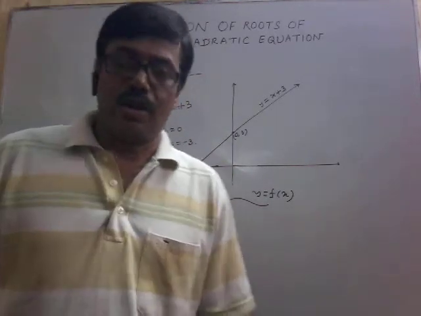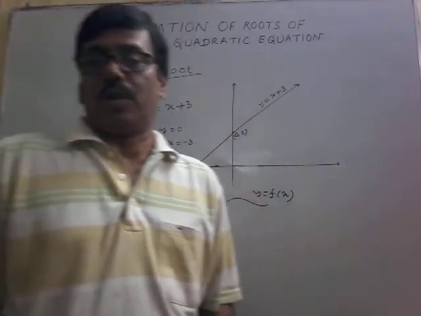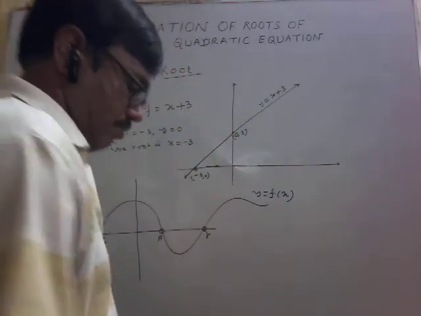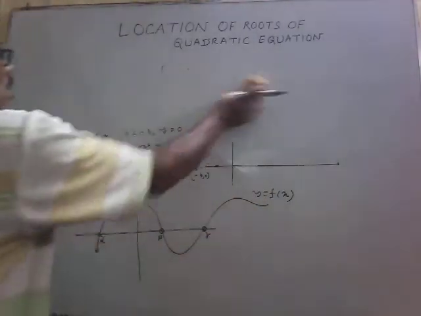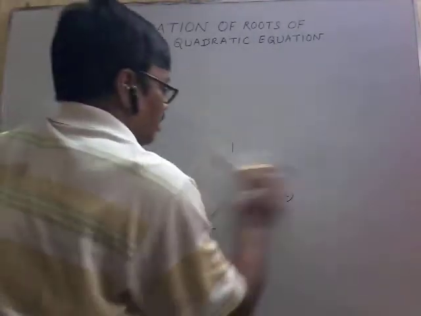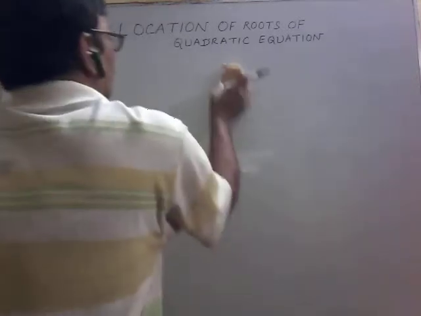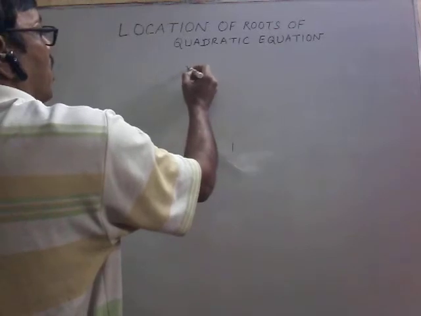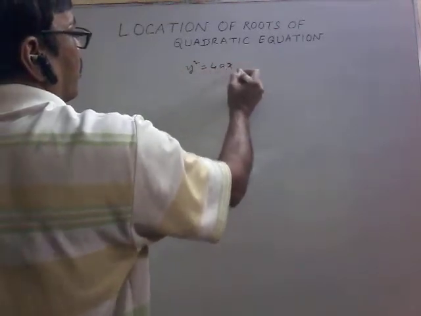Then we need graph of parabola. All of you know it. Now, y square equals 4ax.